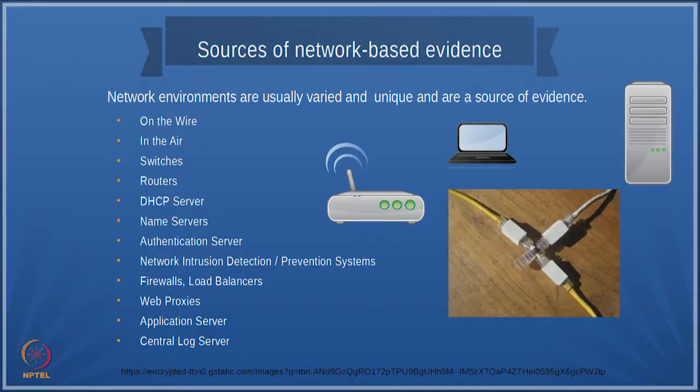Let us look at the sources of network based evidence. If I take a network, it is usually varied and unique, and definitely network logs as well as what is traveling, the packets, are all sources of evidence. Okay.